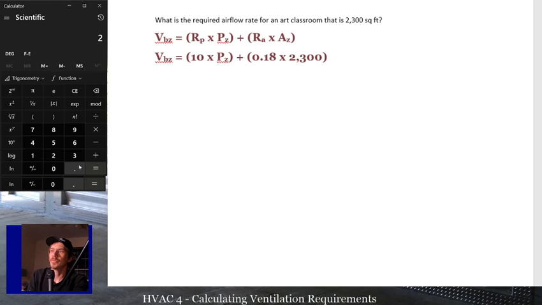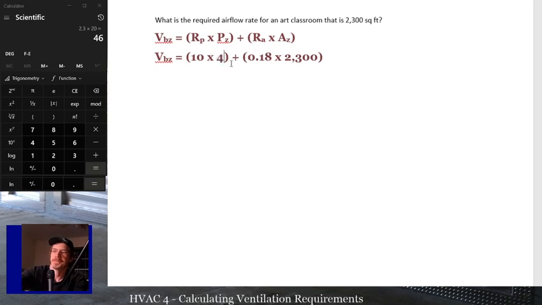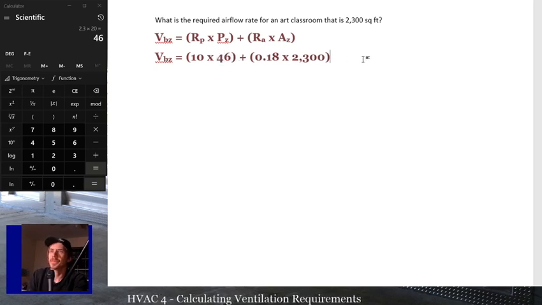So 2,300 divided by 1,000 is 2.3, times 20 is going to give us 46 people. 46 people. All right. So 10 times 46, we don't even really have to do, well, I'll do it anyway. 10 times 46 is 460, right?